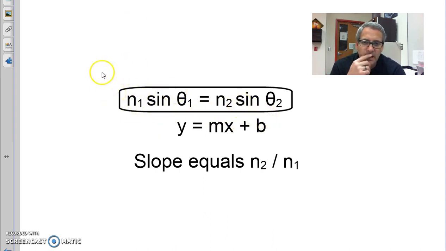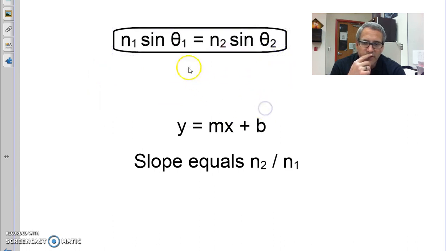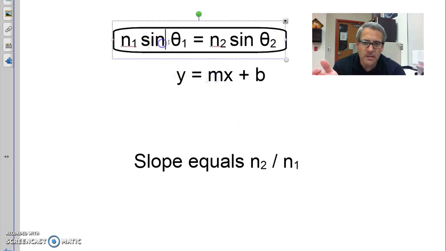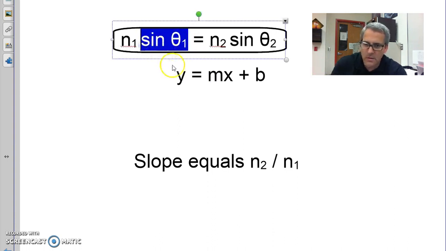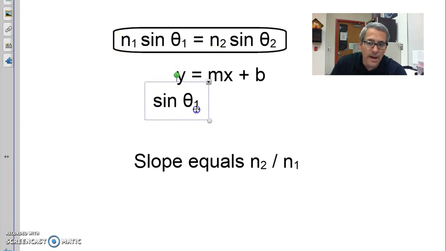And in your lab, when you do your graph, it would be of the form y equals mx plus b. And so if you kind of rearrange this, because this sine of theta 1 on your graph should be on the y-axis.